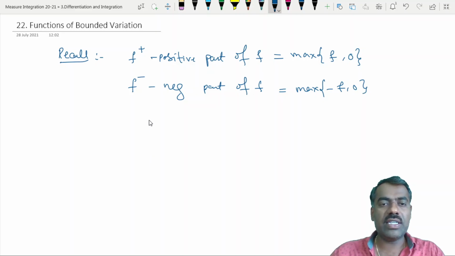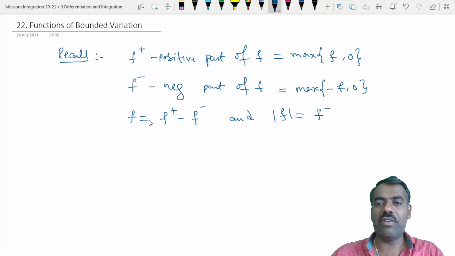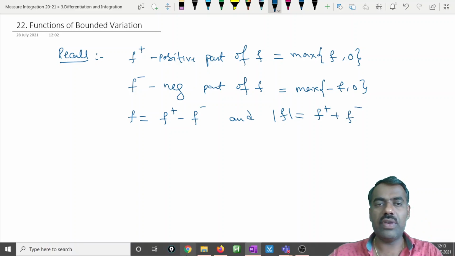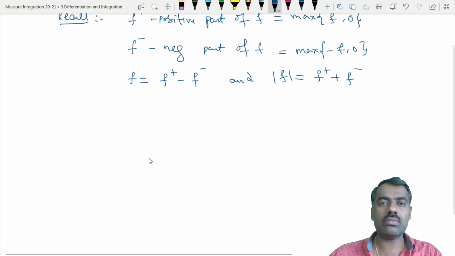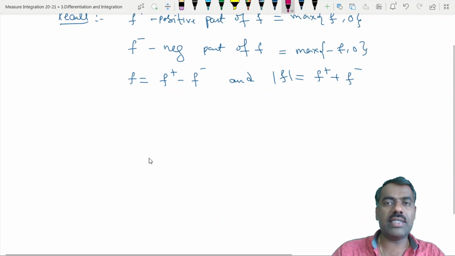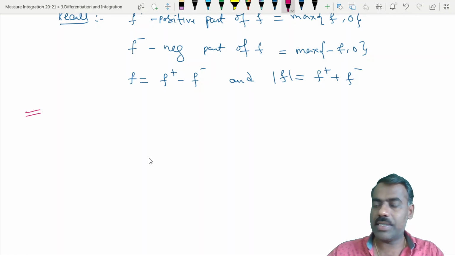And what we have seen is that any f can be written as f plus minus f minus, and the absolute value of f is f plus plus f minus, right? We have seen these things, or not? For any function we have this, right? Now we'll define a few things.